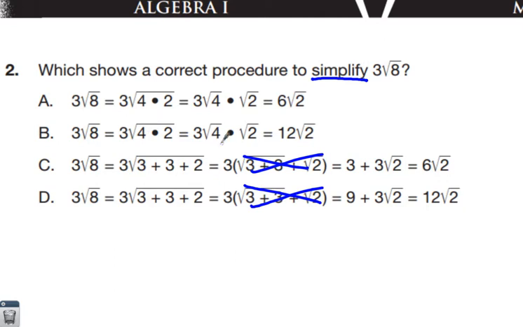The reason you'd want to do that is because you can actually take the square root of root 4, and root 4 is equal to 2. Then you would do 3 times 2 to get 6, and this here would just stay root 2. So that means A.